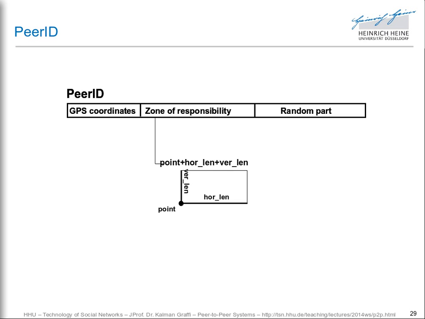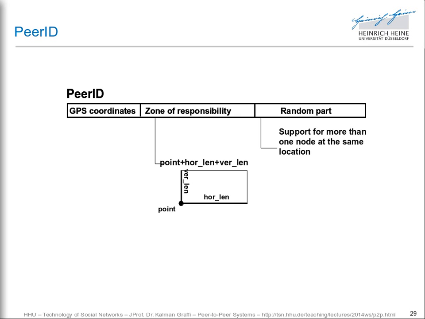If the peer is a super peer node, the second part contains its zone of responsibility, and this is coded as an origin concatenated with the horizontal length and the vertical length of his zone. The last part is a random part to support more than one node at the same location, because if a node is not a super peer, then the second part contains only zeros, so that's why we have a random part.